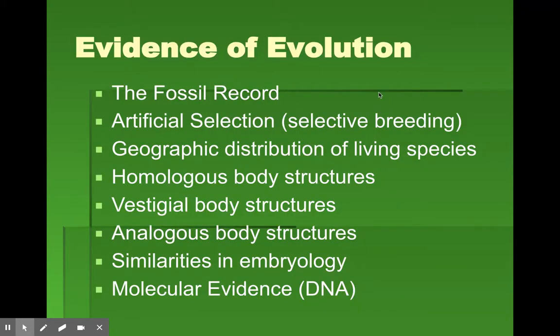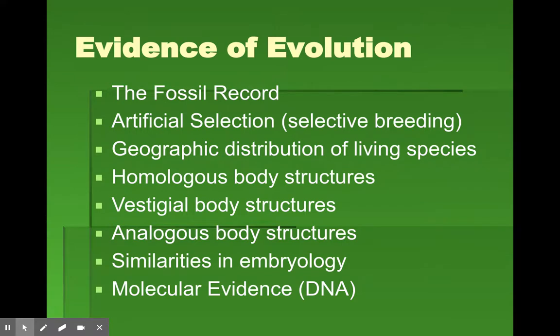When we're talking about evolution, we look at these different ideas when proving our ideas of evolution. We look at fossil records, what is called artificial selection, and geographic distribution of living species, so where they are located on the land on Earth.